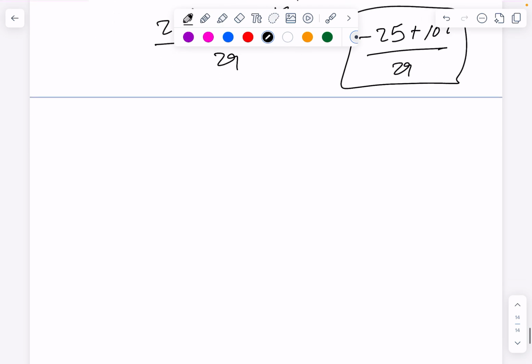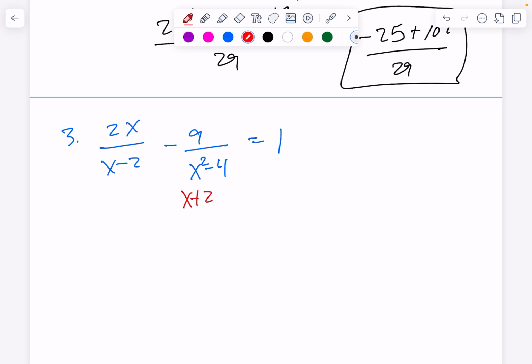Then the next one, number 3, 2x over (x minus 2) minus 9 over (x squared minus 4) equals 1. And I'm going to factor this, (x plus 2)(x minus 2).